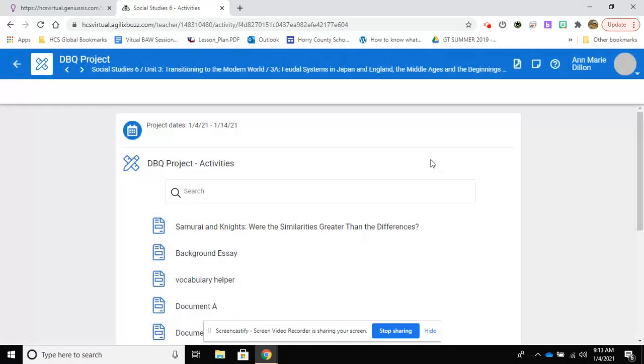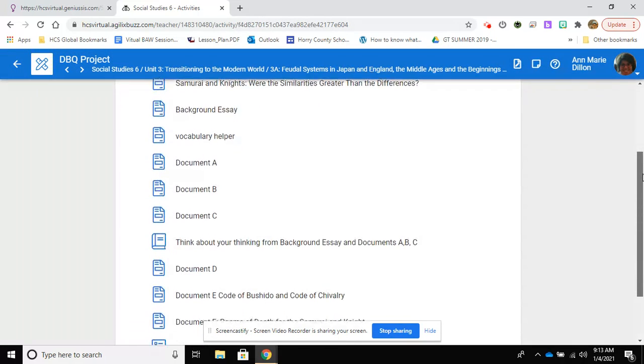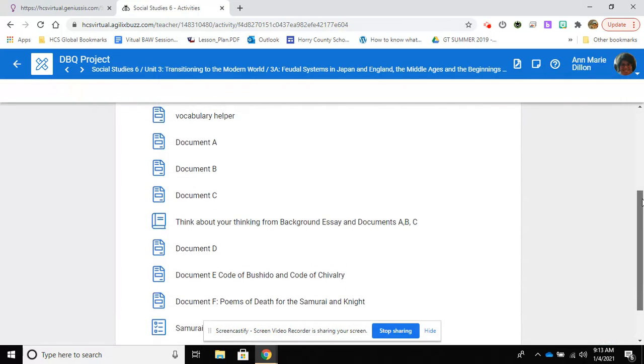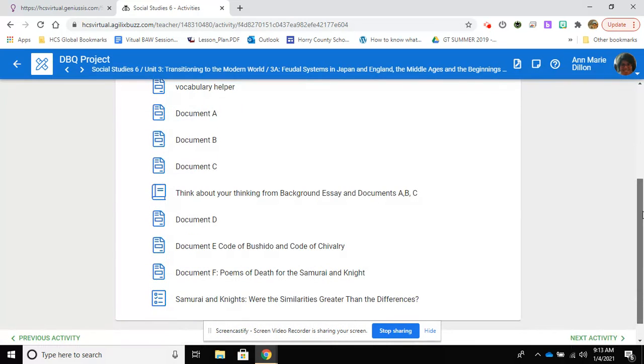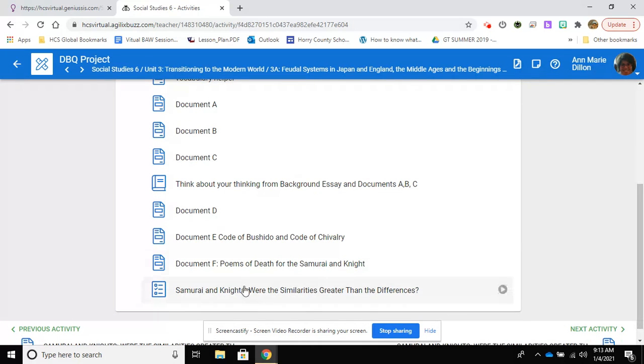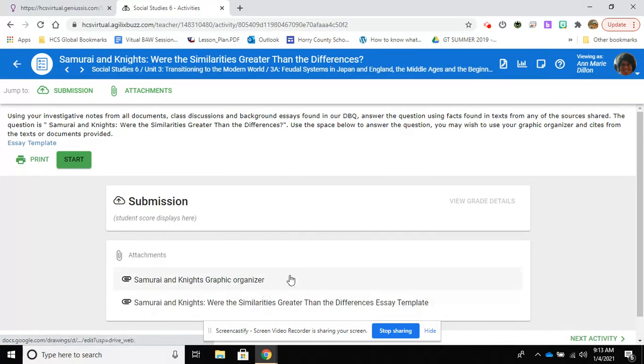And that DBQ project has a whole bunch of activities that allow you to gather information, to form an opinion, and to answer your question, which you'll see at the very end is your essay that you will be asked to do. And I have a graphic organizer and some other things there for you.